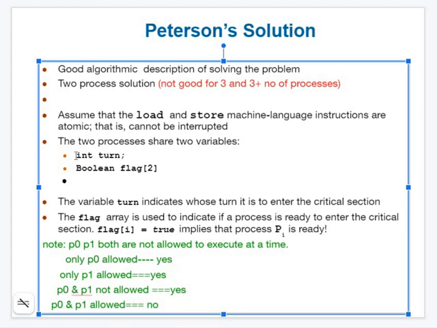Now to implement this, we are using two data structures: one is turn, another is flag. Flag is of 2 bits, one for 0 and one for 1. If it is 1, the resource is under usage.